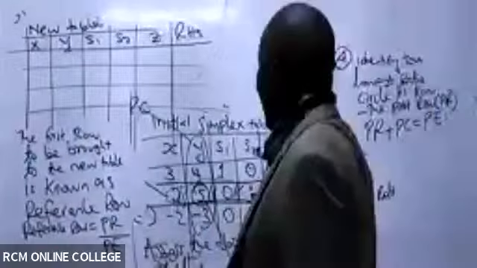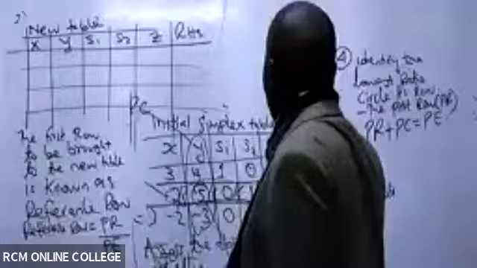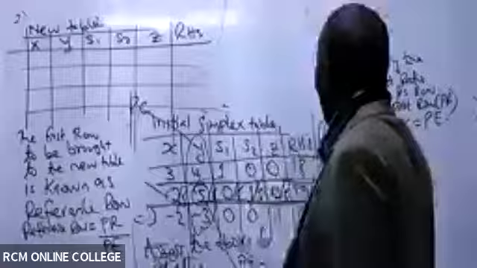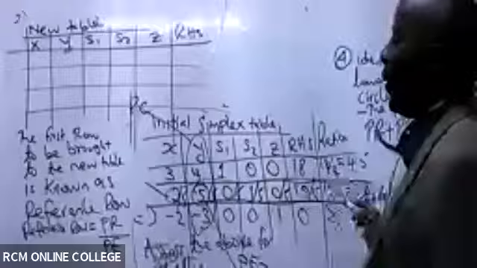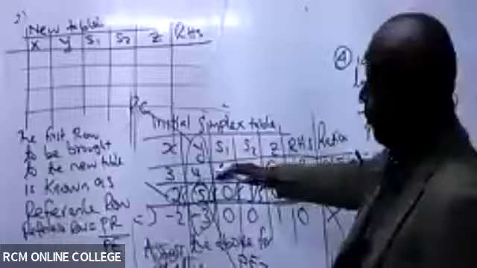This will be 0 over 5, 1 over 5, 0 over 5, 19 over 5. And remember, the pivot row is the second row here, so I'll bring it under the second row, new answers. 1 over 5.